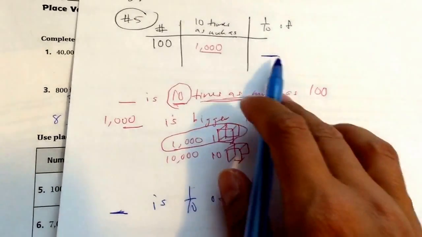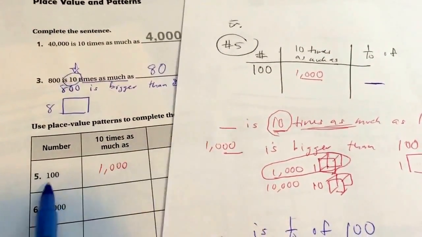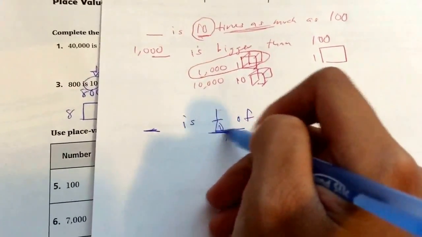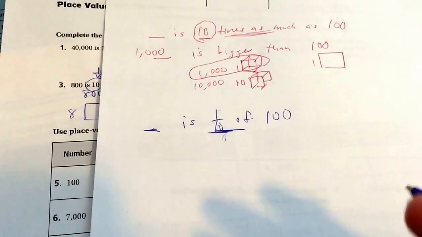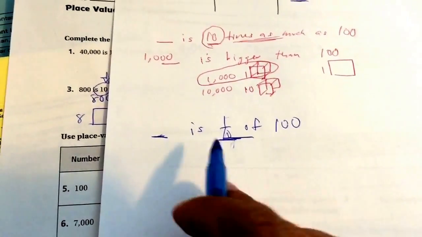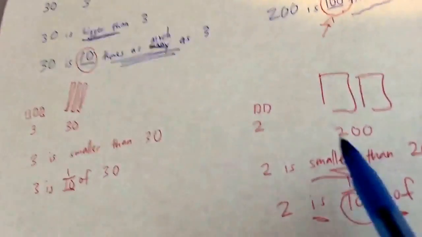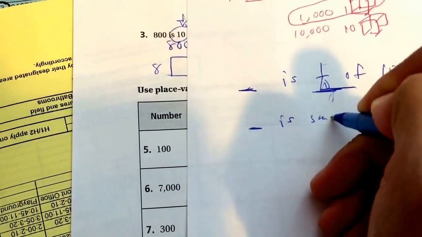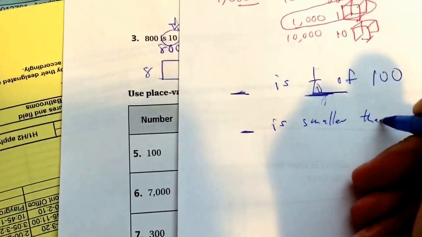So what number is 1/10 of 100? When you're looking at 1/10 of, I want you to think, does that mean bigger than or smaller than? Think to yourself, it's a fraction, you're getting smaller. So blank is smaller than 100.